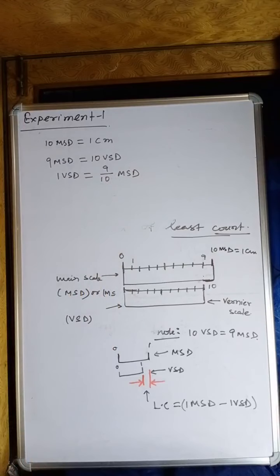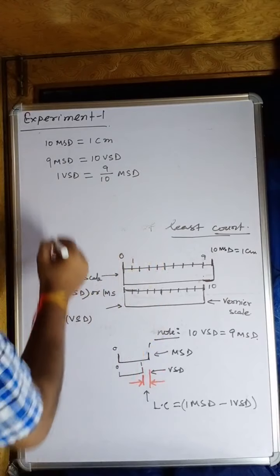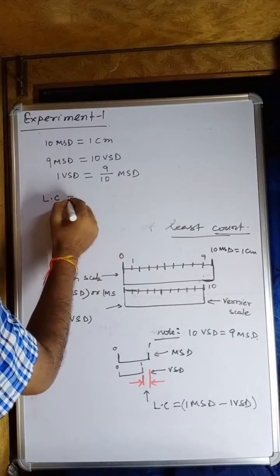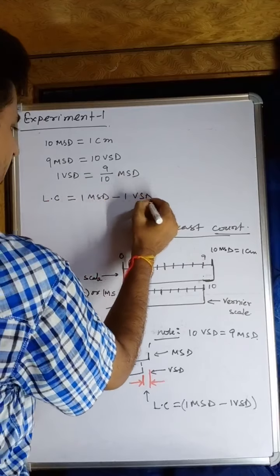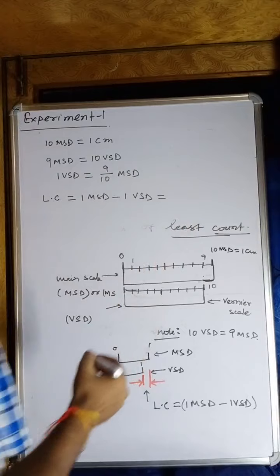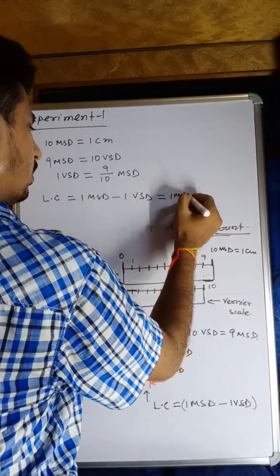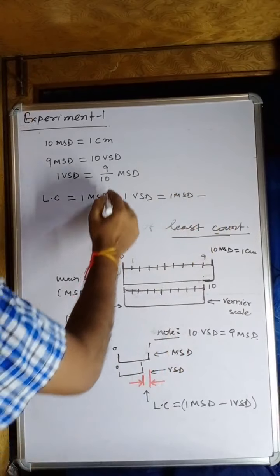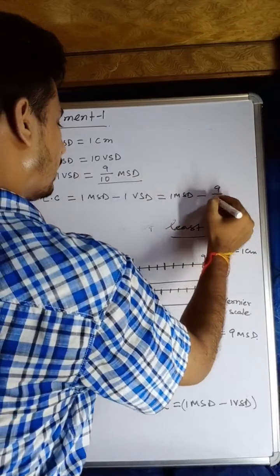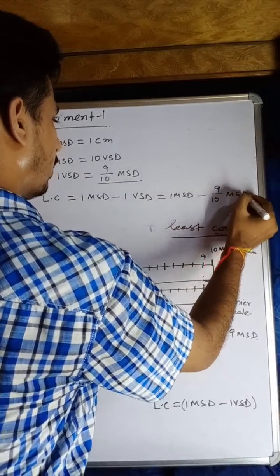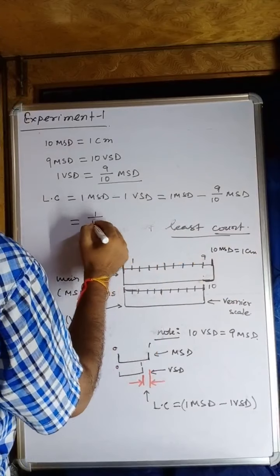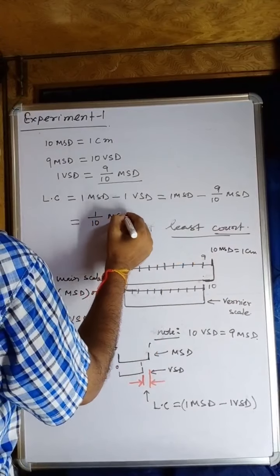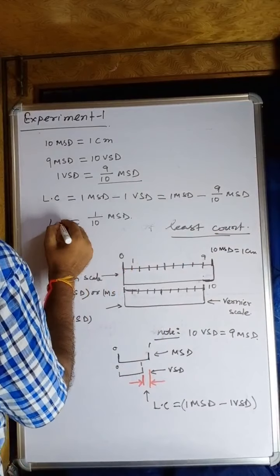Now, the least count, we know, is 1 main scale division minus 1 vernier scale division. It means 1 main scale division minus 9 by 10 main scale division. So we have 1 by 10 main scale division, and this is our least count.